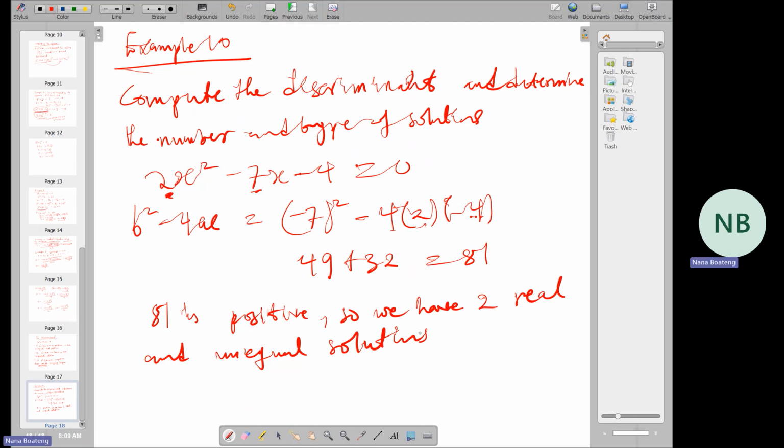All right. So the next thing that we want to look at is some application problems using the quadratic formula.